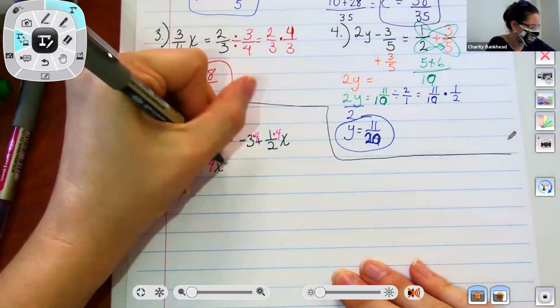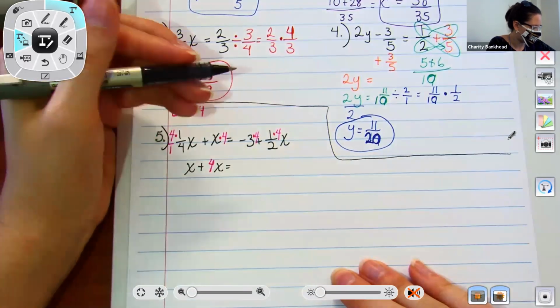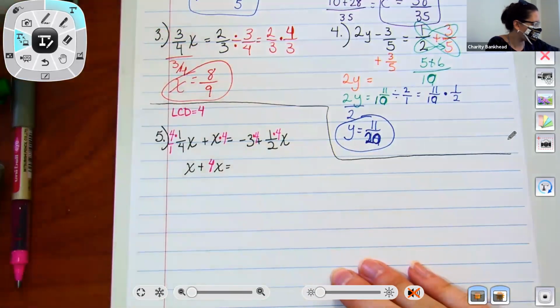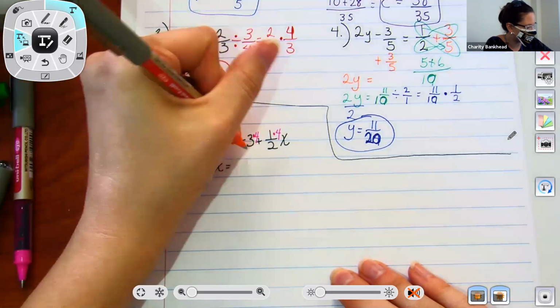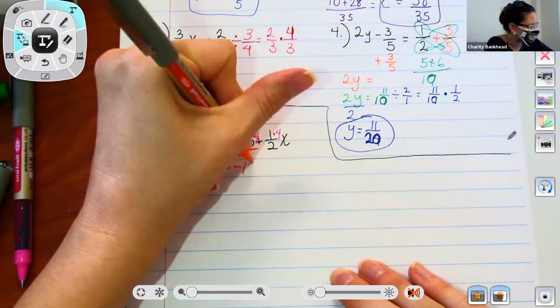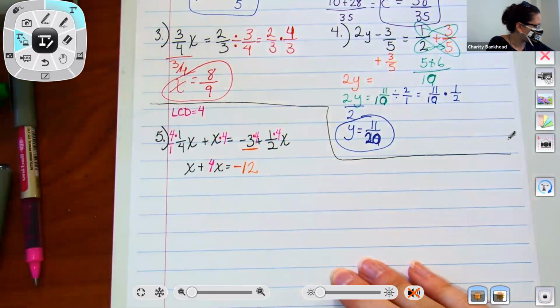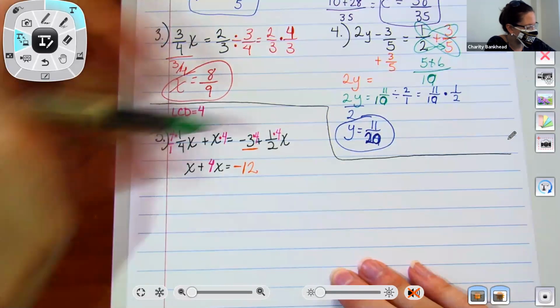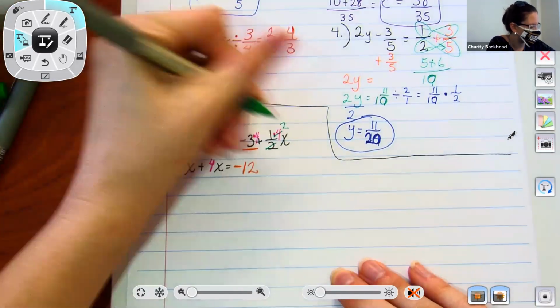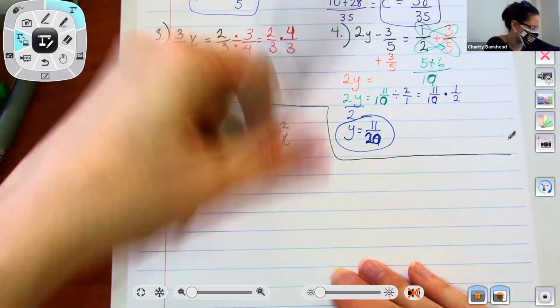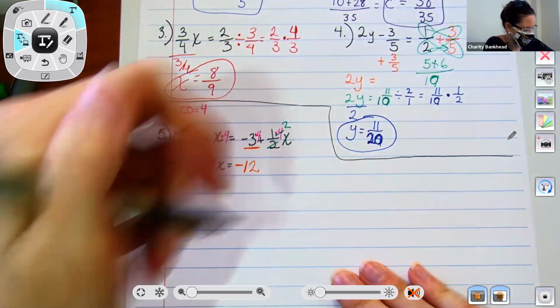So x plus 4x equals, and then -3 times 4 equals -12. And 2 goes into 4 2 times, so 1/2 times 4 is just 2. So this would be plus 2x.